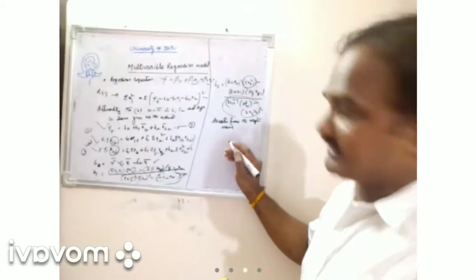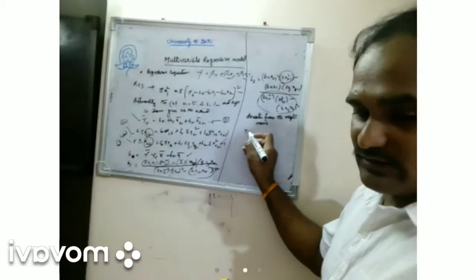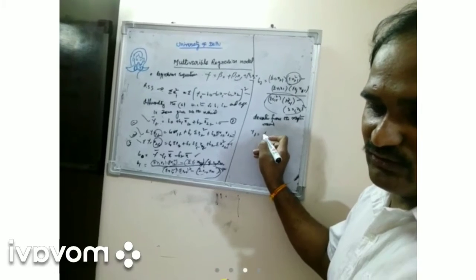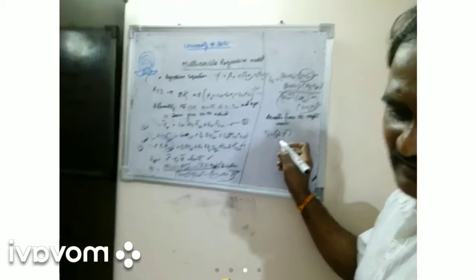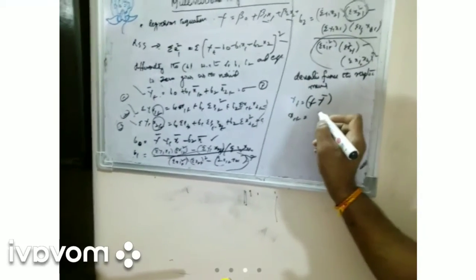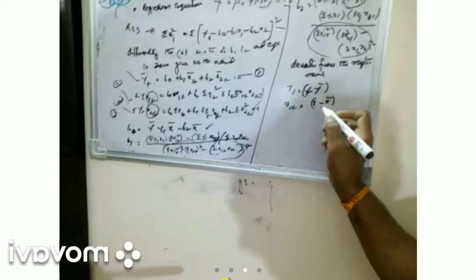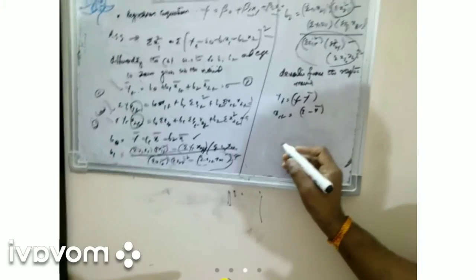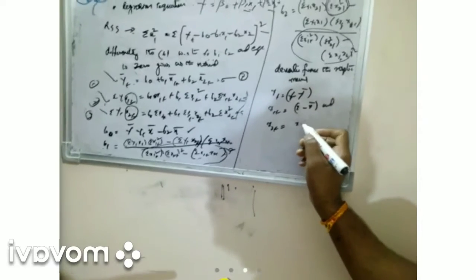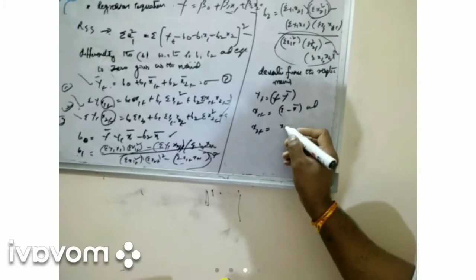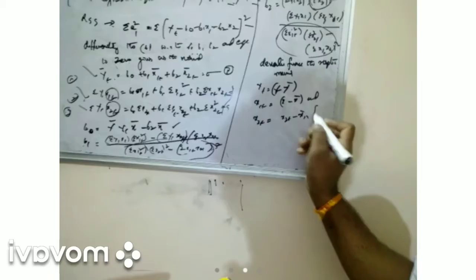Now what is the equation? y t is equal to y t minus y bar, clear? And after that, x1 t is x1 t minus x1 bar, and x2 t is equal to x2 t minus x2 bar.